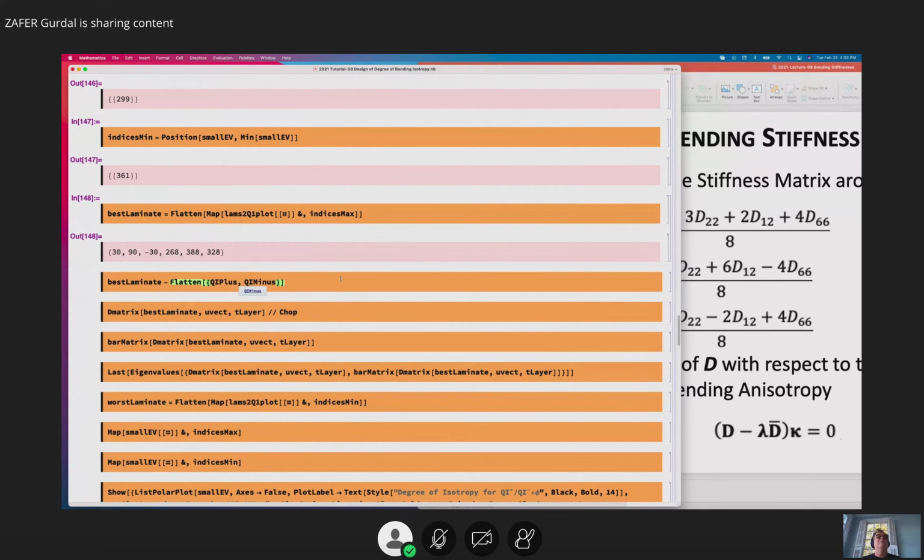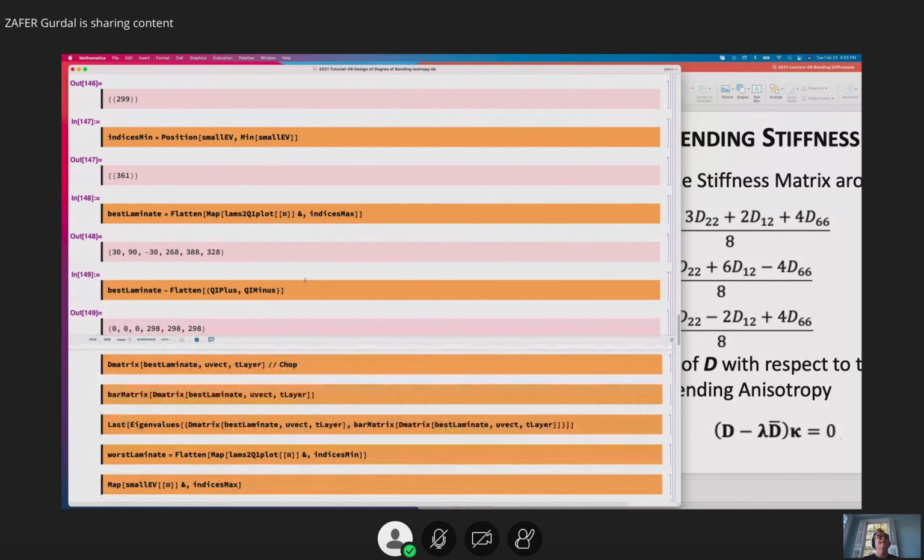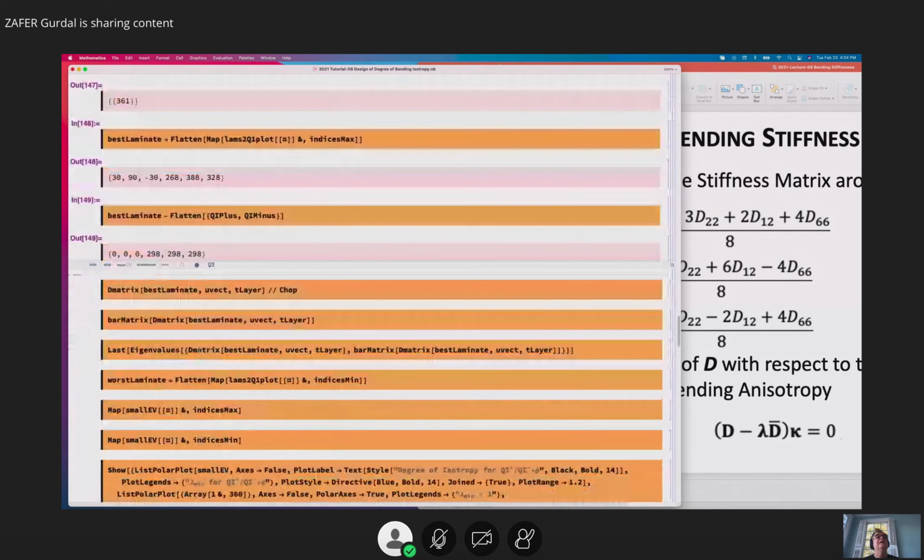I rename tape 1, tape 2 as this, and that will be the best laminate QI plus, best laminate this minus the QI plus minus QI minus. That's 298, 298, 298. I don't know if I typed something incorrect here, but we'll see.